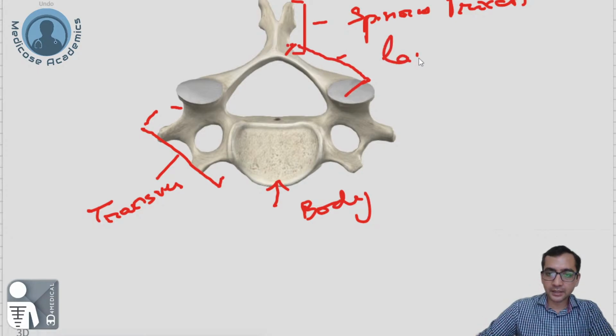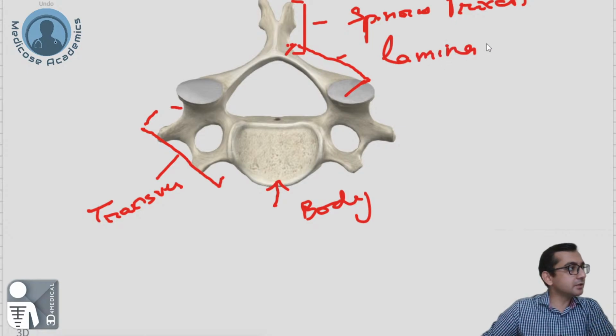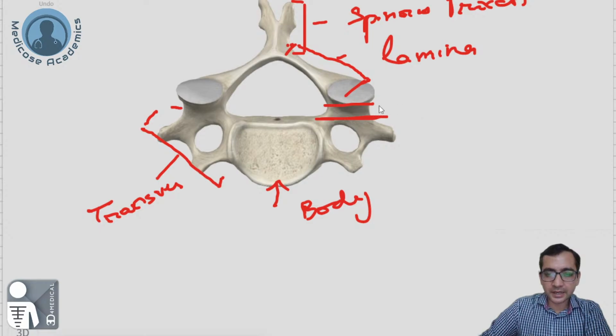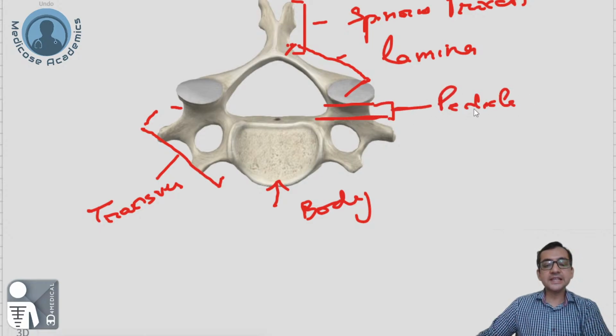This is the lamina, what we are left with, and between them, from here to here, this is the pedicle. So these are the parts of vertebra. I'm talking about cervical vertebra right now, but they go for all of the others.